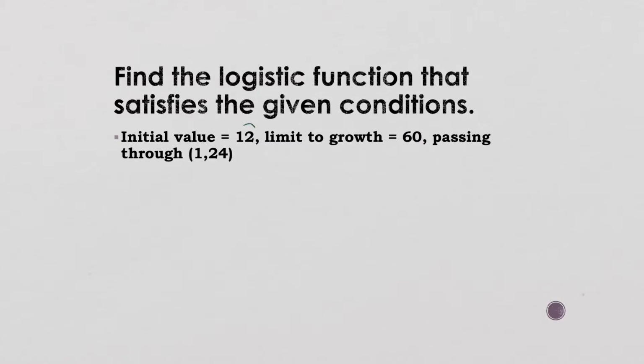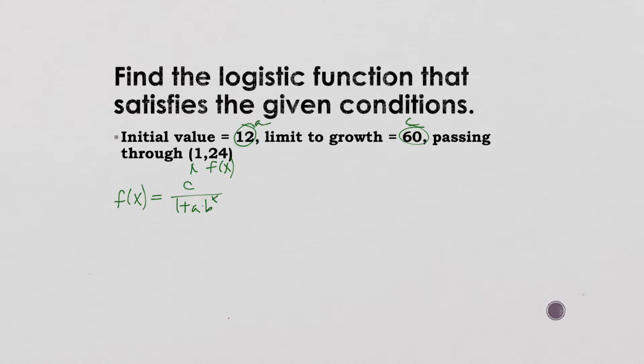Remember, our initial value is A. Limit to growth is C. And we have x and f of x. So we go to our function, f of x equals C over 1 plus A times B to the x. And I plug in my values.